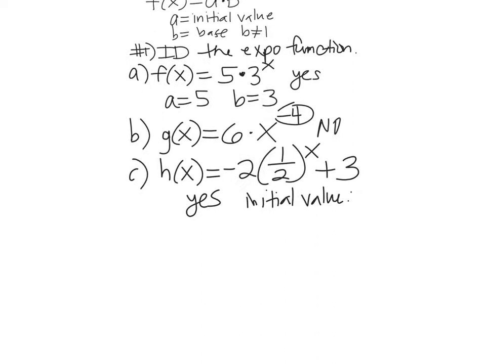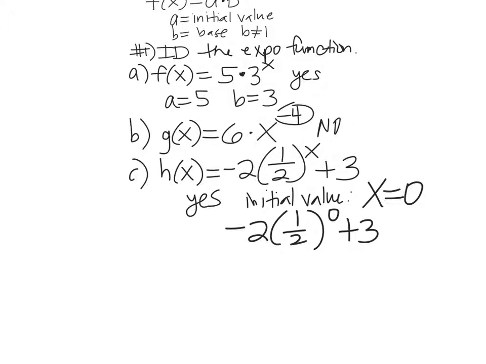This one's a little trickier. The initial value happens when x equals 0. So if I were to plug in x equals 0 and simplify that, I wouldn't get negative 2. Can you do that in your head? Do you remember what anything is to the 0 power? It's 1. It's 1 times negative 2 plus 3 equals 1.